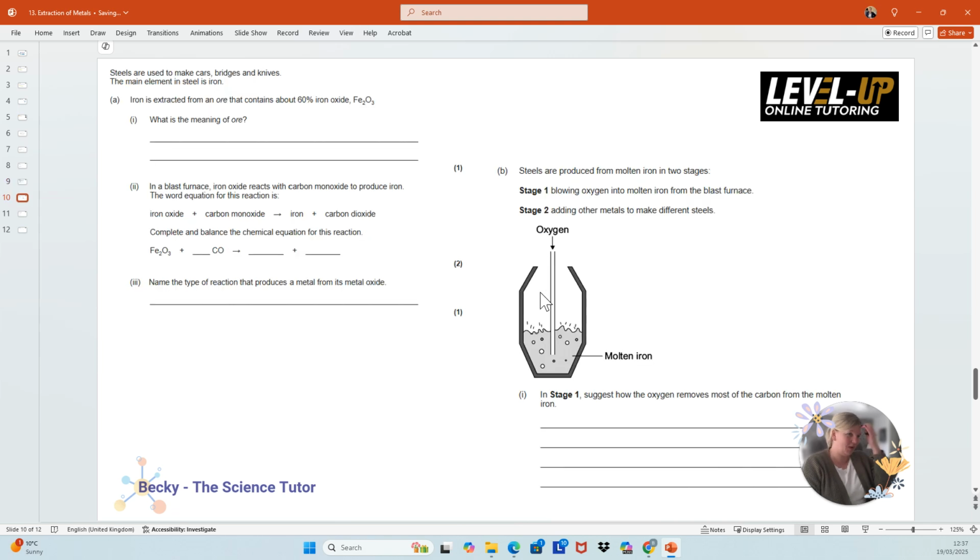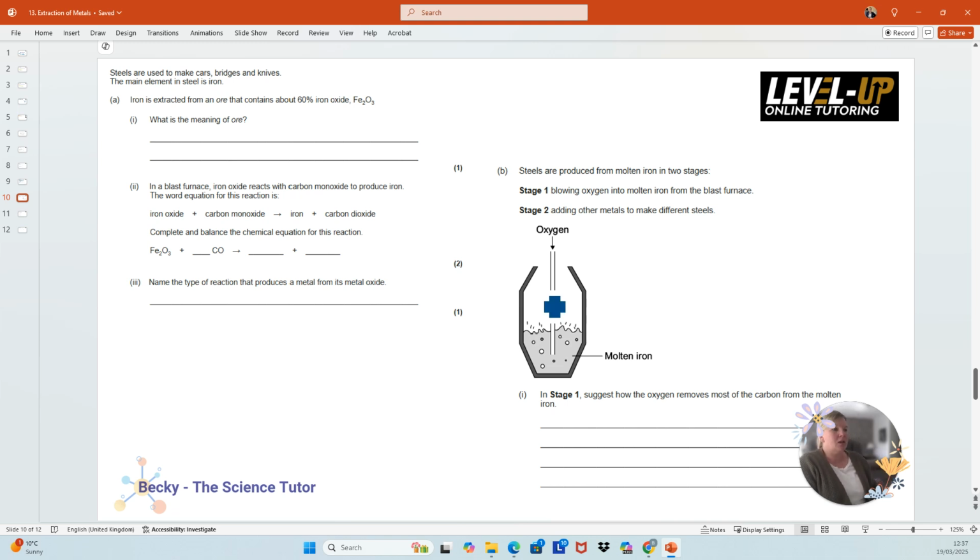Okay. So here then we've got a little bit more about an actual blast furnace and what is going on. We've got similar sort of questions, but you can see now they're a little bit higher in level because here we've got to complete the balanced symbol equation, etc. So this is a mid to high level question.